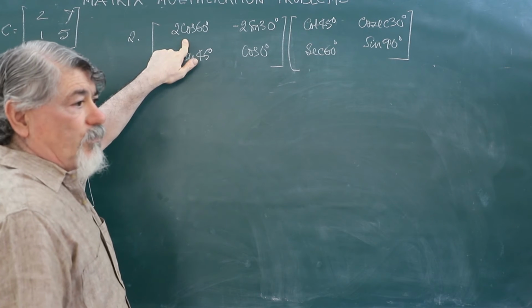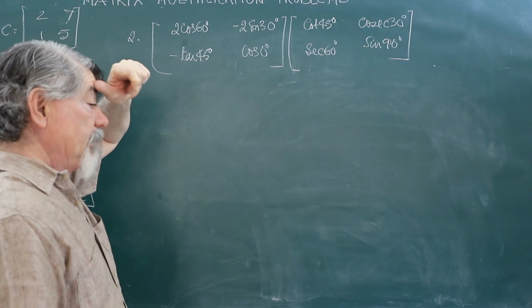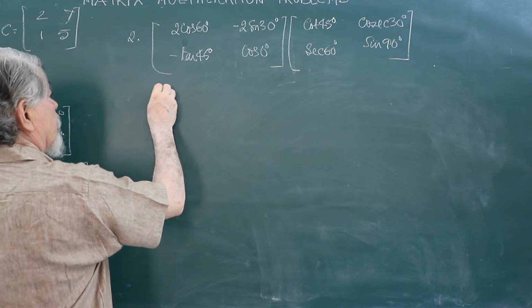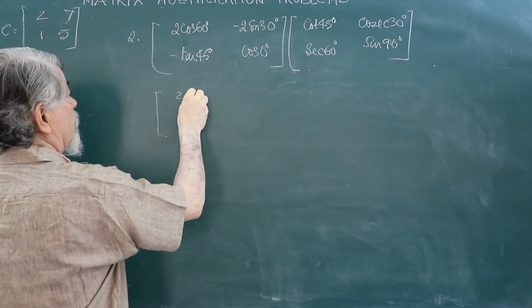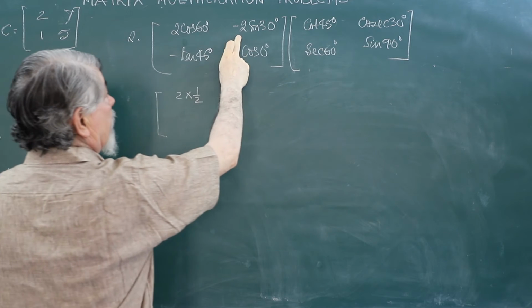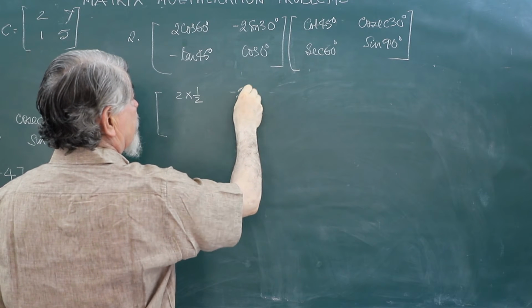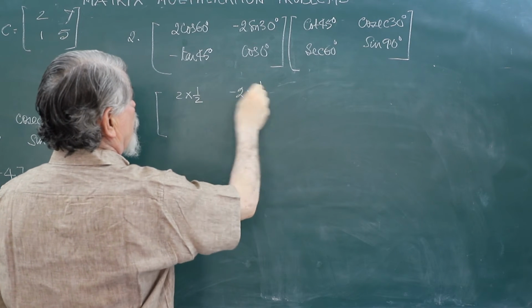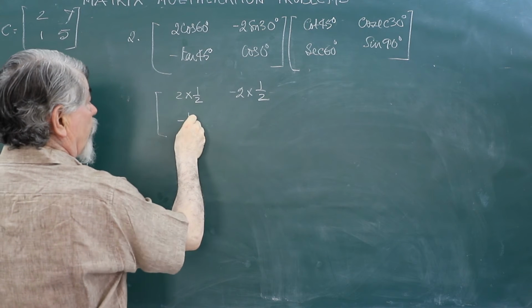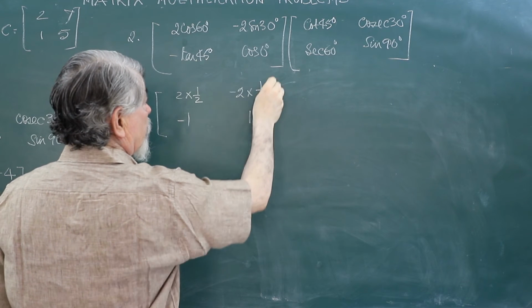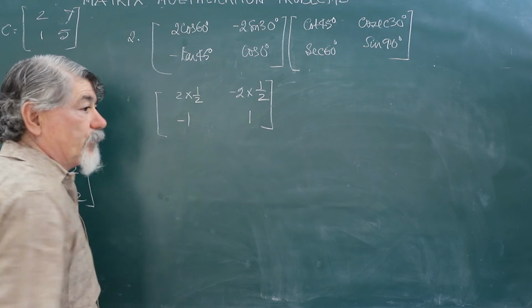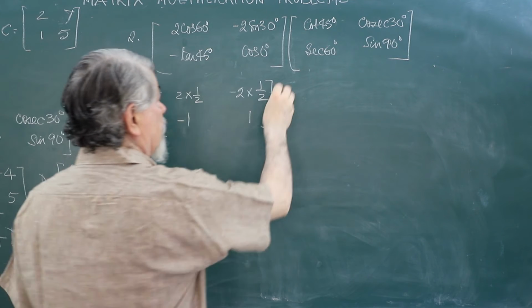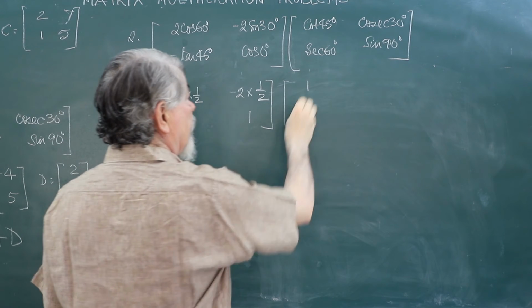The value of cos 60 is 1 upon 2. So 2 into 1 upon 2. Then minus 2 sine 30. Sine 30 is 1 upon 2. Tan 45 is 1.